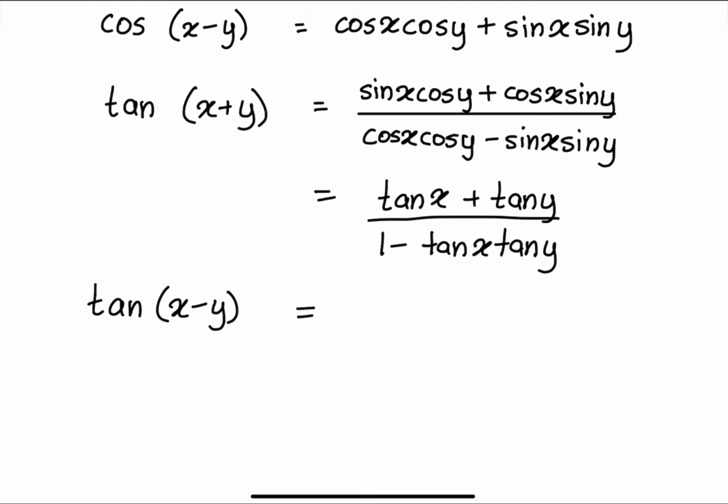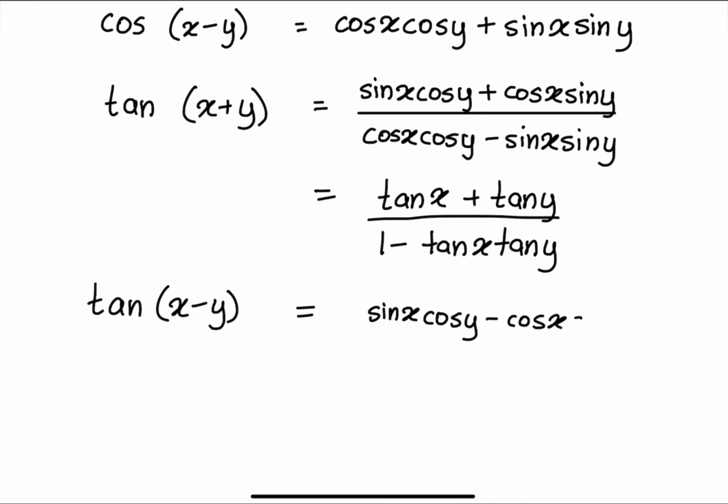Again, we can write this down as sine x minus y divided by cos x minus y, which would give us sine x cos y minus cos x sine y divided by cos x cos y plus sine x sine y.